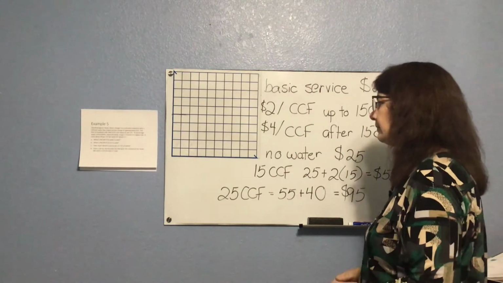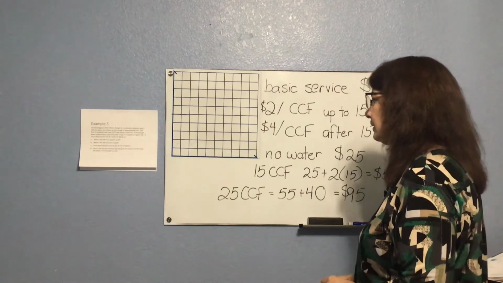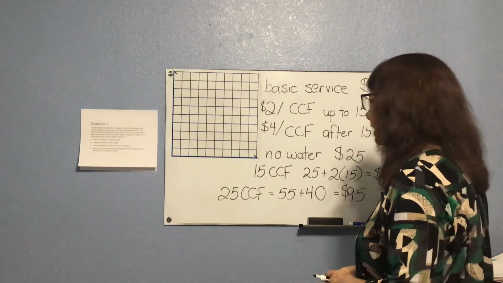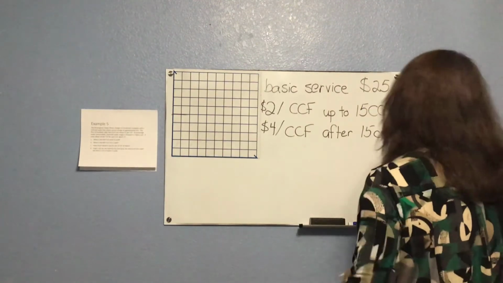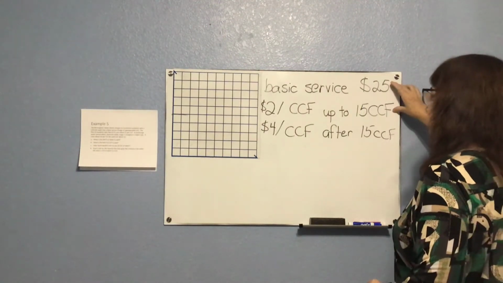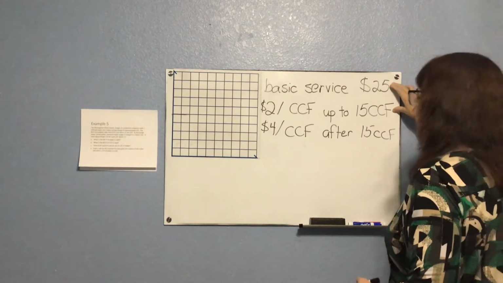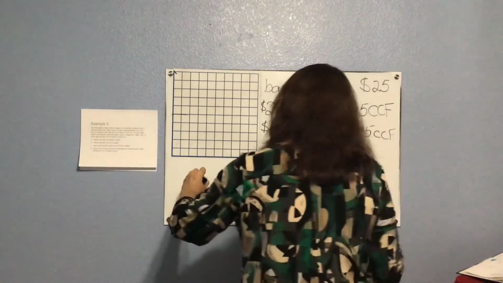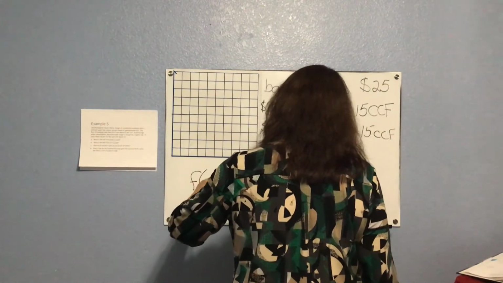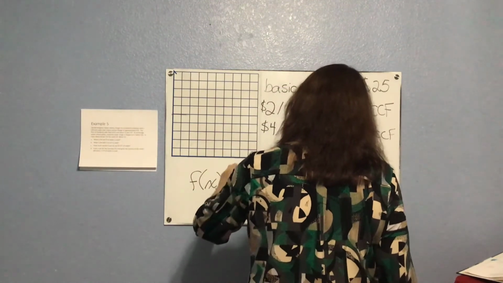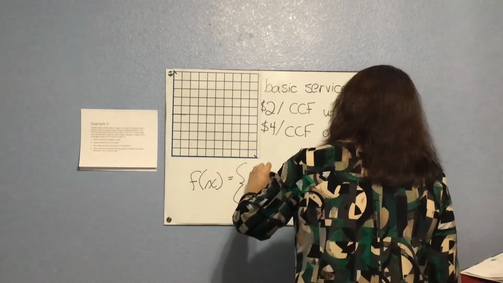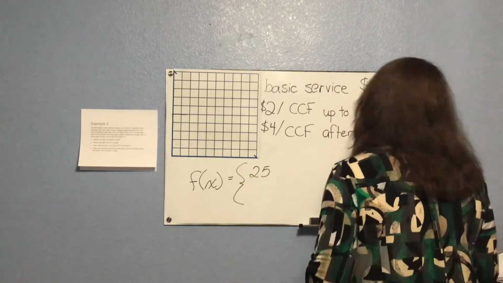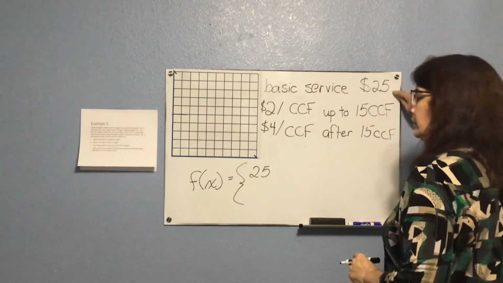Now they ask us to find a rule for the function, and we're going to graph that rule as well. I can actually combine these first two statements into one rule. So I'm going to write f of x is equal to, and in the first place, I'm going to pay $25 whether I use water or not.